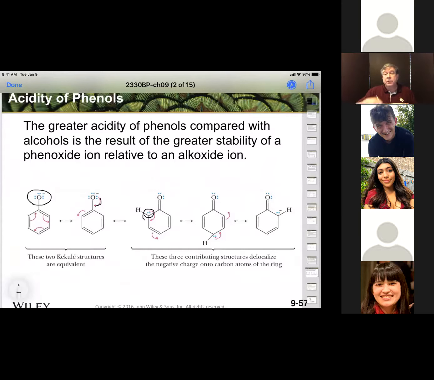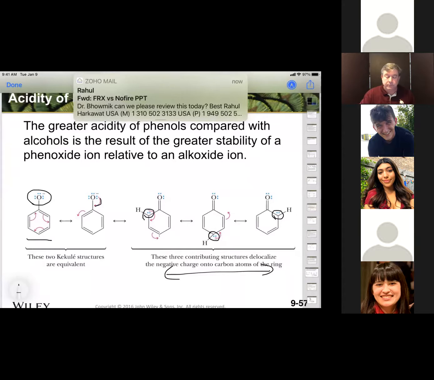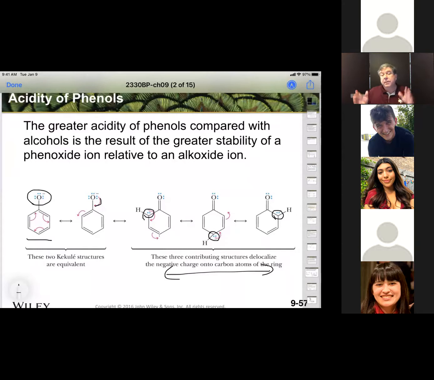That pushes it two carbons over, puts the negative charge on the ring, and then pushes electrons over more. So we have three different resonance contributors that allow that negative charge to be spread out over four different atoms: just on the oxygen, and then spread out over the ring. So just like an acid-base system, that is where we get our greater acidity with phenols than with the alkoxides.